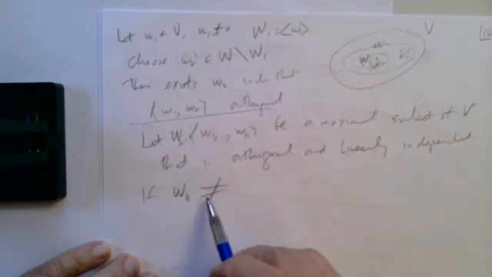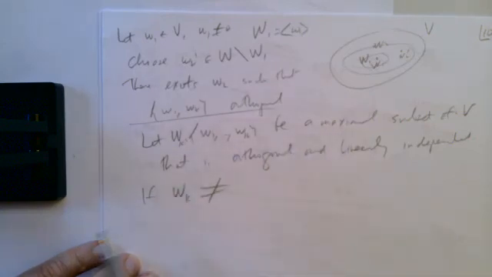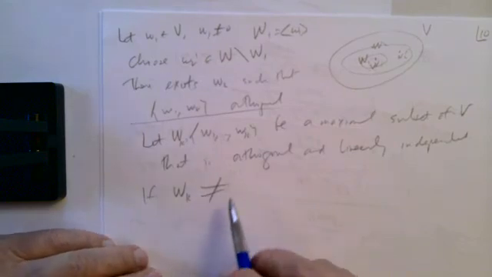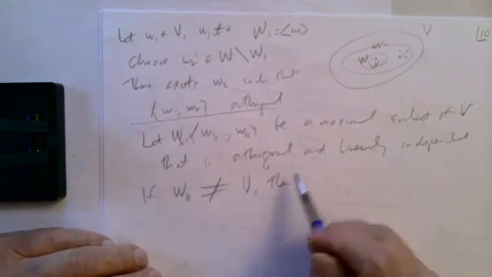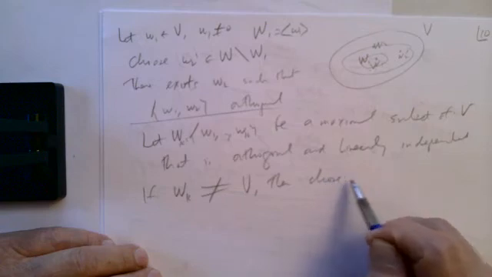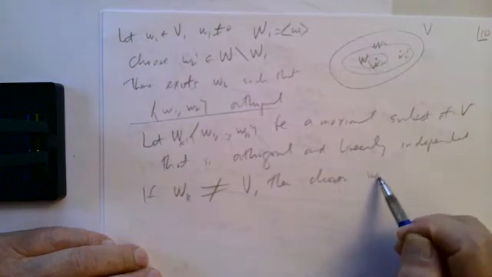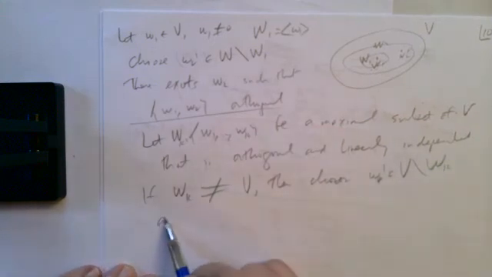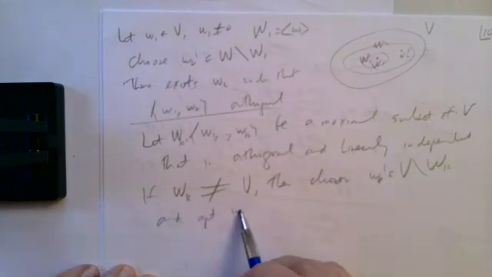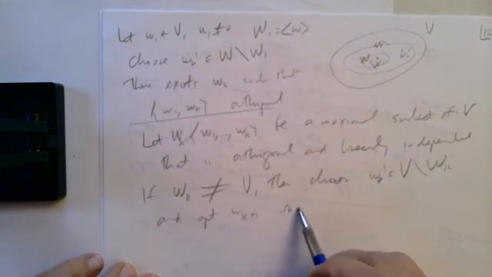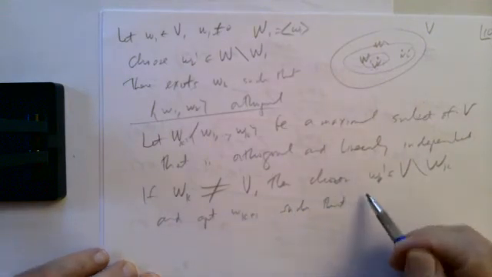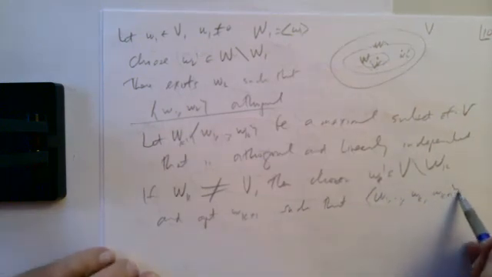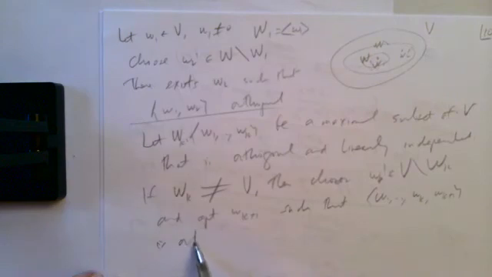I claim Wk is all of V, so I actually have an orthogonal basis. Because if Wk were not equal to V, then you can choose a vector W prime that's in V and not in Wk. And then we get a vector Wk plus 1 such that W1 up to Wk plus 1 is orthogonal.